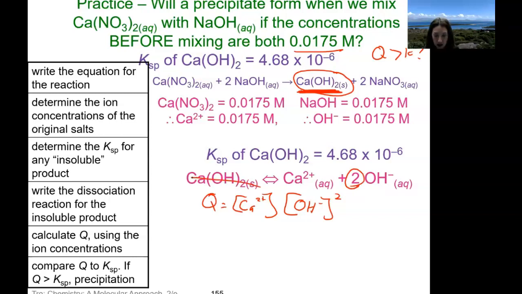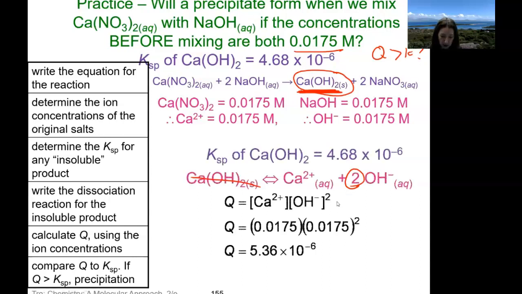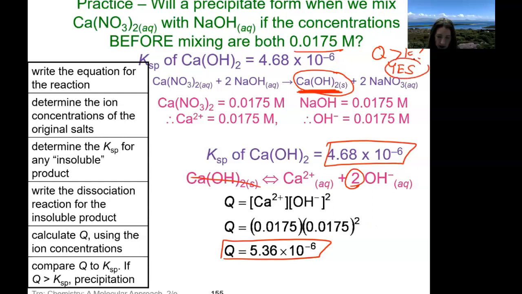So we just plug in the 0.0175s, which I have all right here for you. We get Q is 5.36 times 10 to the negative 6. So we compare that to our K. So is our Q bigger than our K? I mean, barely, but Q is bigger than K. Yes, so it will precipitate.